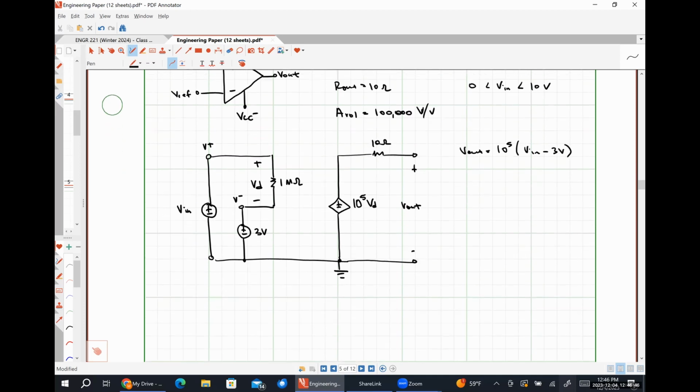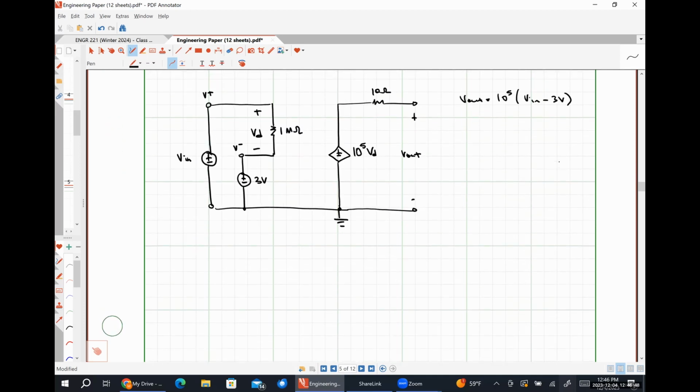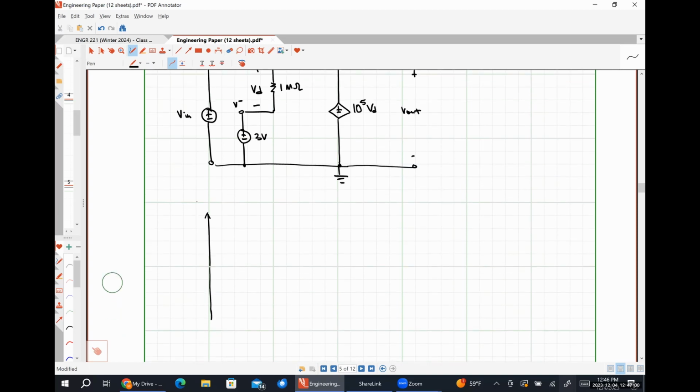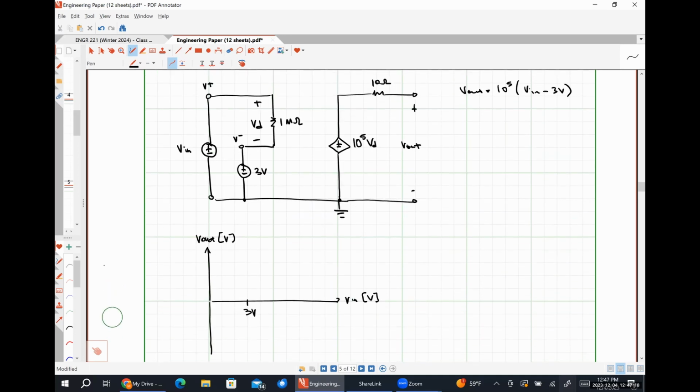So if I were to plot this, it would look something like this, right? So here is Vout measured in volts on this axis. This is Vin measured in volts on this axis. And this is my reference voltage of 3 volts.